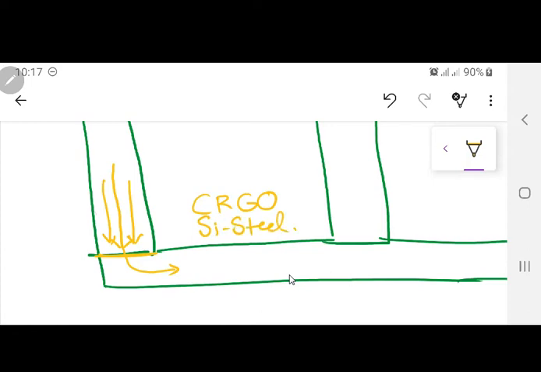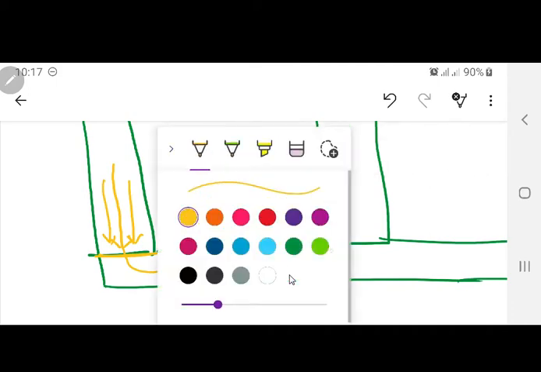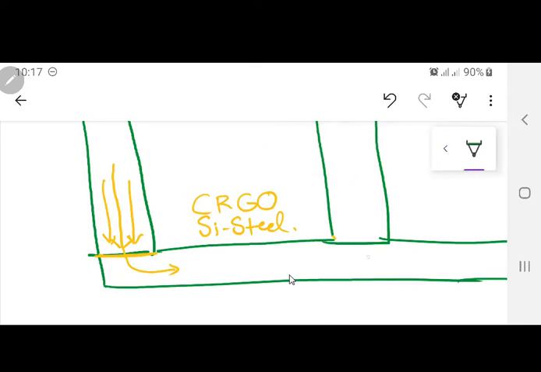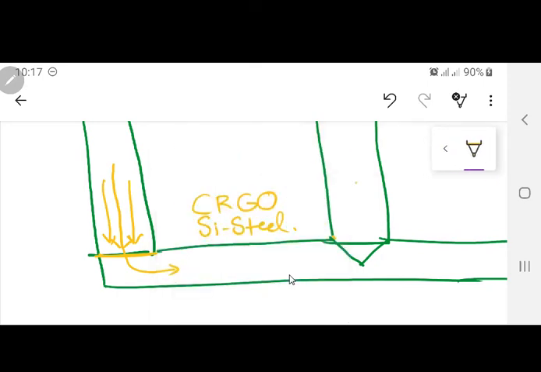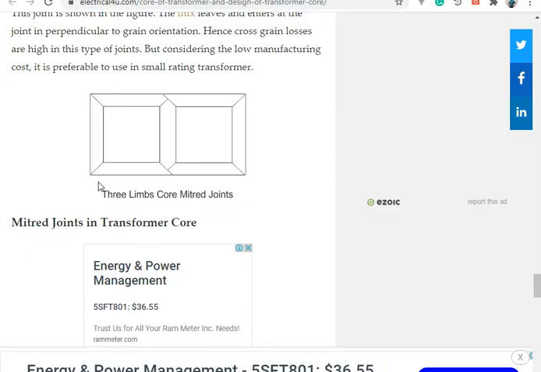Now, instead of cutting it like this, if I have the core shape something like this, when the flux is going to flow, it is going to flow like this, like this, like this. So the core losses are reduced when you have mitred type of joints over here.